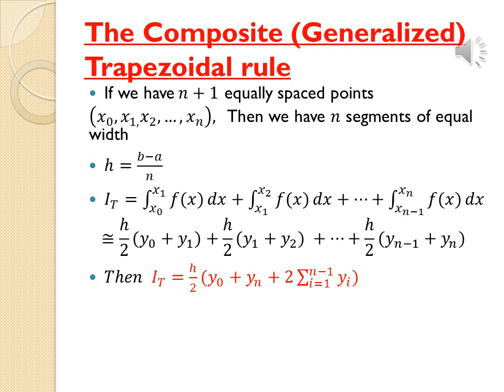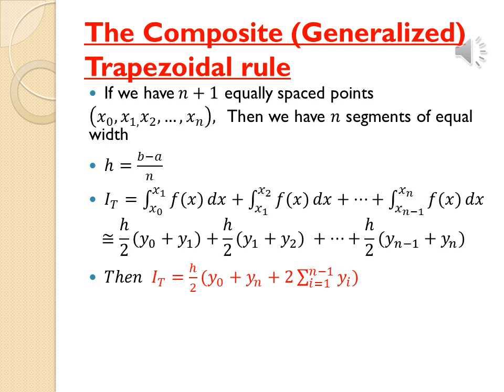Save this rule exactly: the trapezoidal integral equals h over 2, where h equals b minus a over n. What is b? The last point. What is a? The first point. So the trapezoidal integral equals h over 2 in brackets: the first point y naught, plus the last point yn, plus 2 times all the points inside.